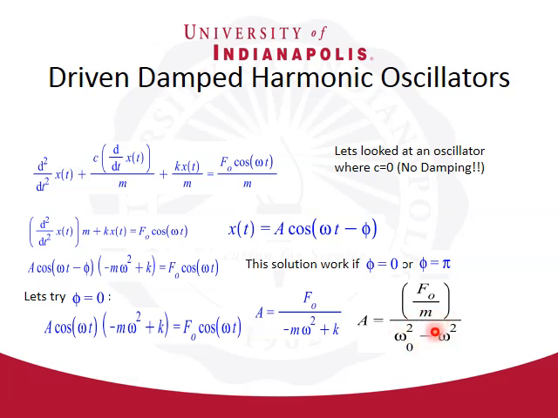If our driving frequency omega gets close to our resonance frequency, this term gets small, and so the amplitude gets large, and this is what you would refer to as resonance. So you get a very large amplitude if your driving frequency and your natural frequency are equivalent.